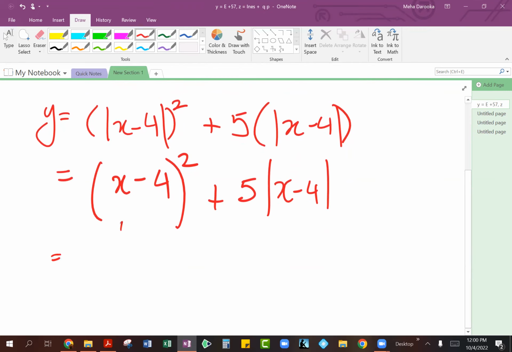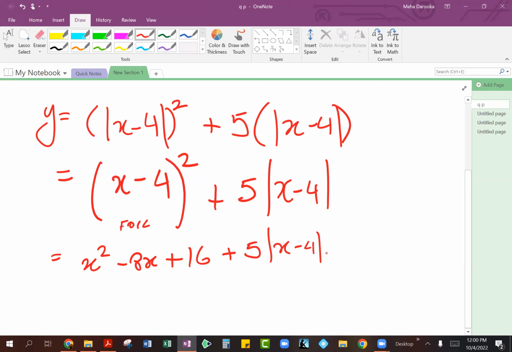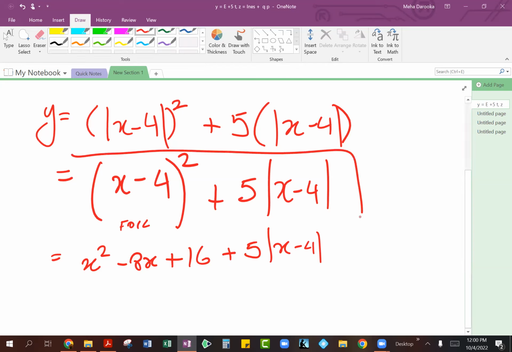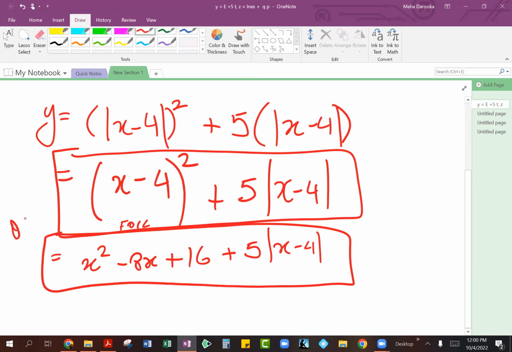If you wanted to FOIL it, this would give us X squared minus 8X plus 16, but then this would still stay 5 times the absolute value of X minus 4. So either one of these answers would be fine. You could leave your answer in this form or in this form.